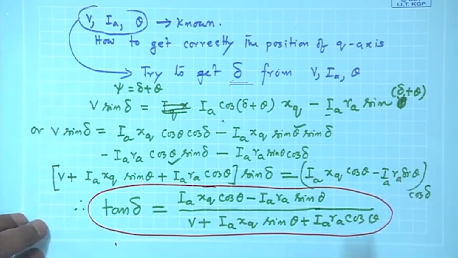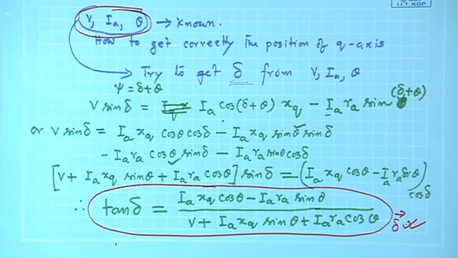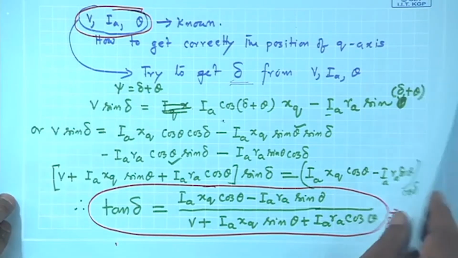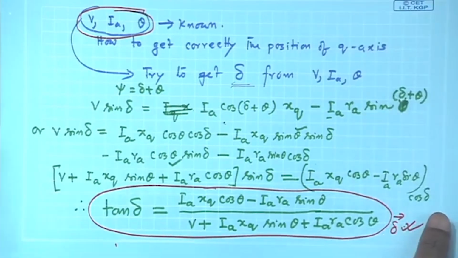So delta will be known from the knowledge of V, Ia and theta. And once delta is known, I will come back to drawing the phasor diagram. I will know the value of delta, maybe 10 degree, 8 degree, whatever it is.